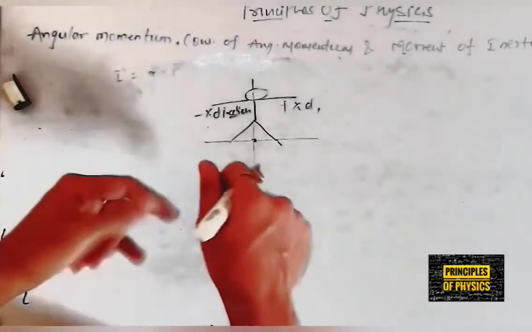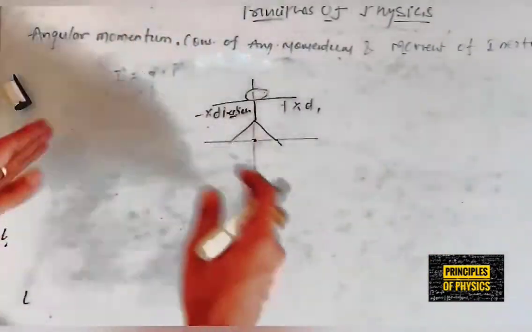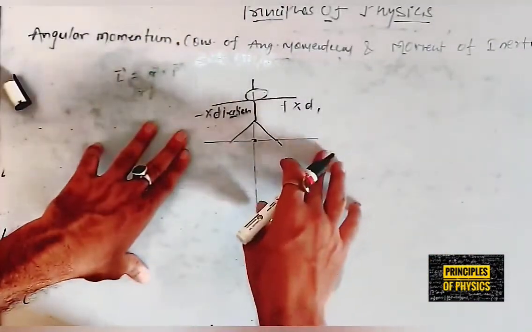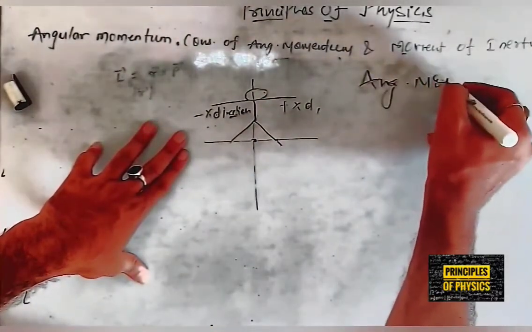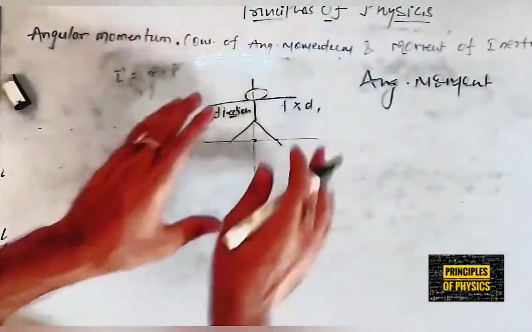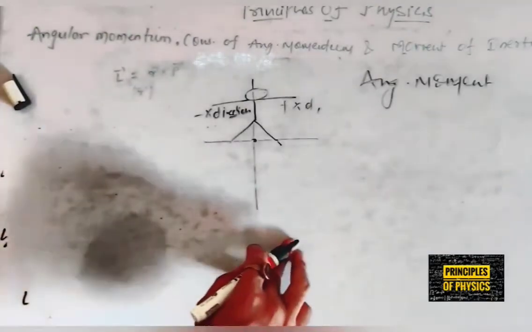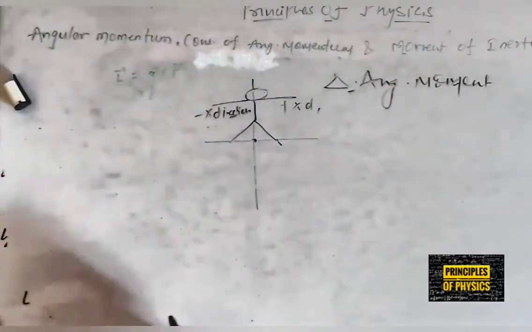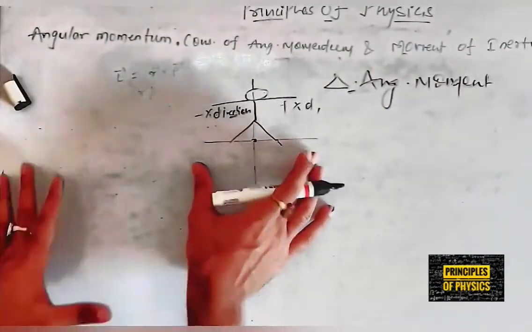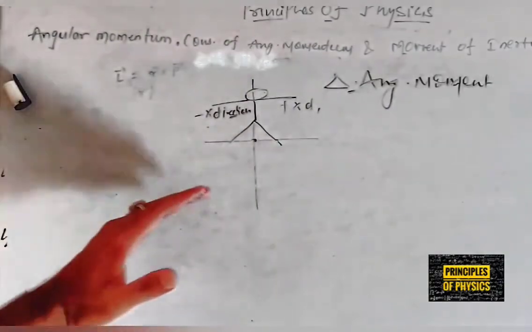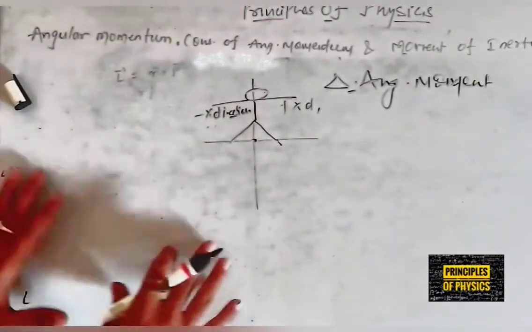After some time, the man folds his arms. What we have to find is the change in angular momentum so that the system remains in equilibrium. We don't know precisely how much the angular momentum will change, but we can say that either it will increase or decrease so that the system remains as it was before.